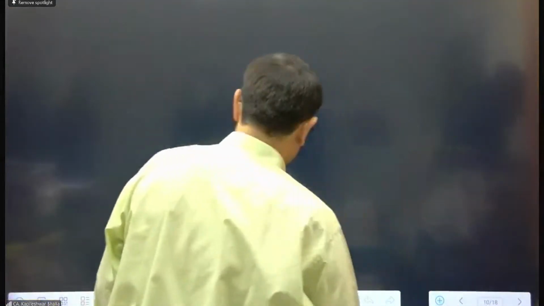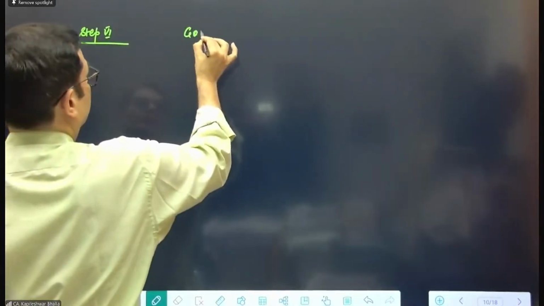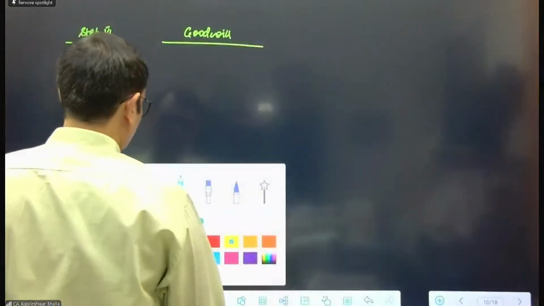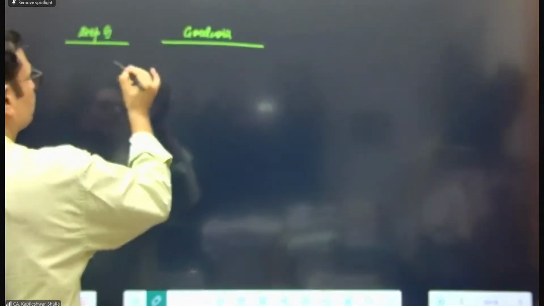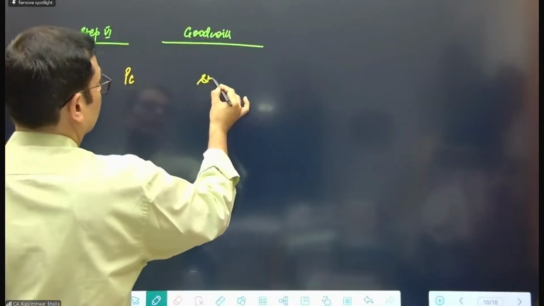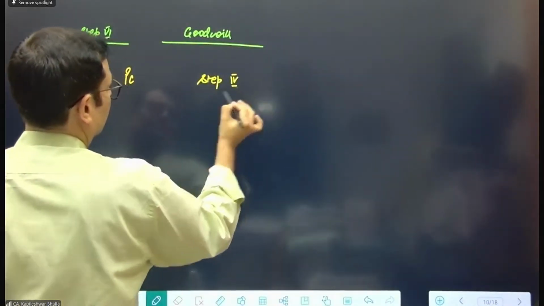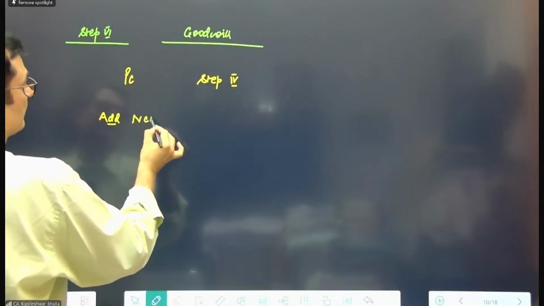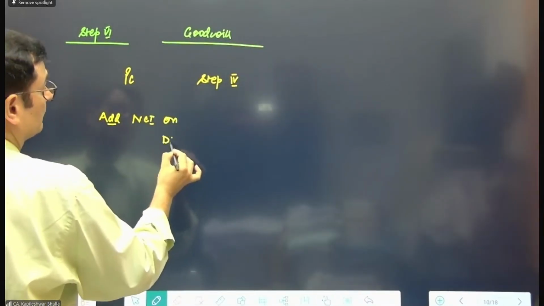Now let's look at a quick input in terms of step number 6. In step number 6, we are calculating the goodwill, and there are simple and straightforward calculations. So in terms of goodwill, we will take the purchase consideration, which is already available in step number 4. And to this, we are going to add the NCI on the date of acquisition.